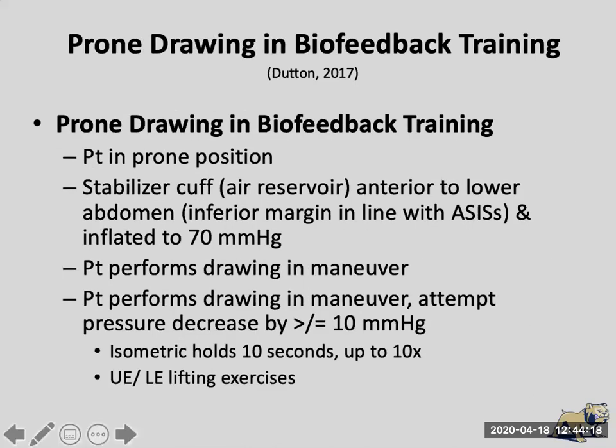And prone biofeedback training. So when the patient's in prone and having a stabilizer cuff underneath the abdomen here and inflated, and having them decrease the pressure up to 10 millimeters of mercury, starting at 70 millimeters of mercury, holding 10 seconds, 10 times, which we'll commonly hear with this, and also maintaining pressure as the patient lifts the arms and the legs off the table.